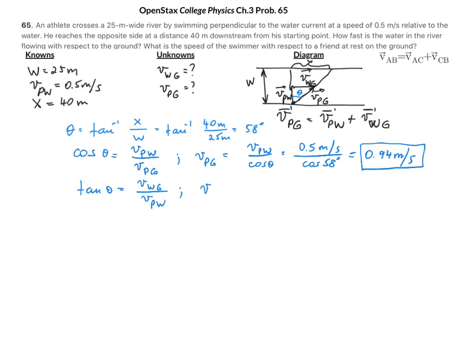So velocity of the water relative to the ground will be velocity of the person relative to the water times tangent theta, and that is 0.5 meters per second times tangent 58. So velocity of the water relative to the ground will be 0.8 meters per second.